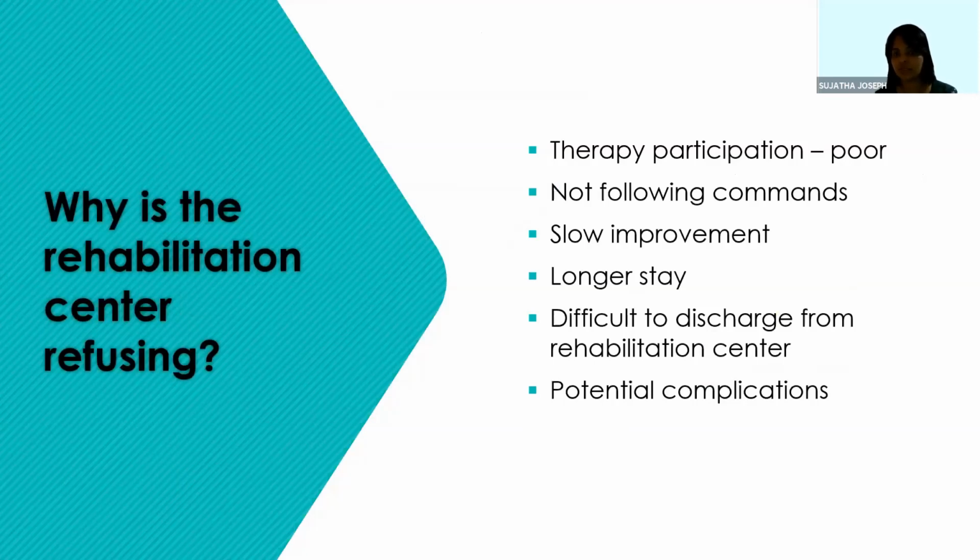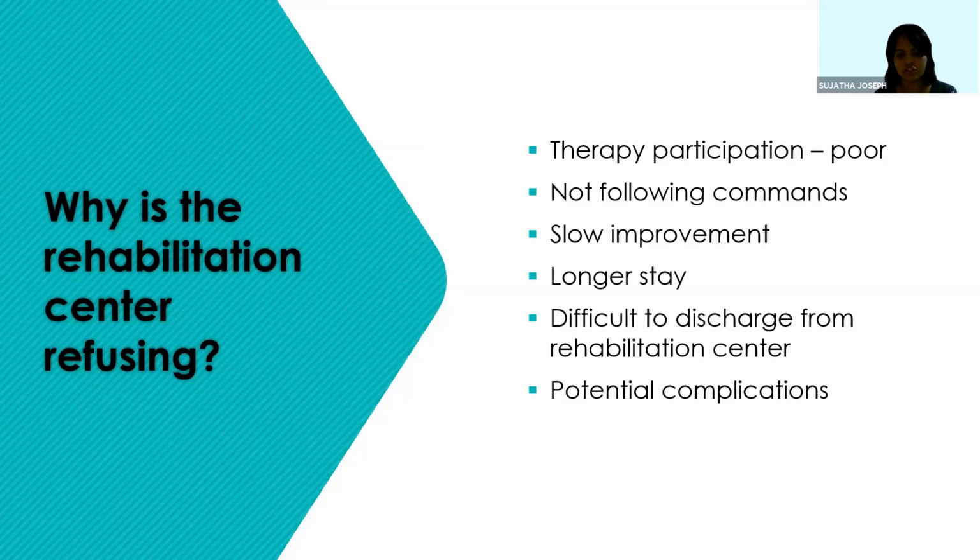So they said maybe because his participation is going to be poor, because he's not following commands, and from the NIH and from his initial admission in ICU, you know that it's a large bleed and the improvement is going to be slow.